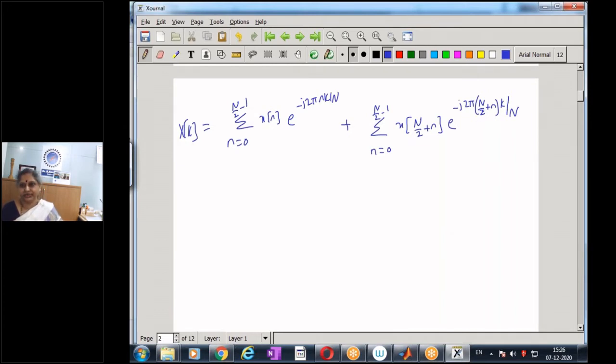The 2 gets cancelled, and I have e to the power of minus j 2 pi n by 2n times k as one term, and the other term is e to the power of minus j 2 pi nk by n.